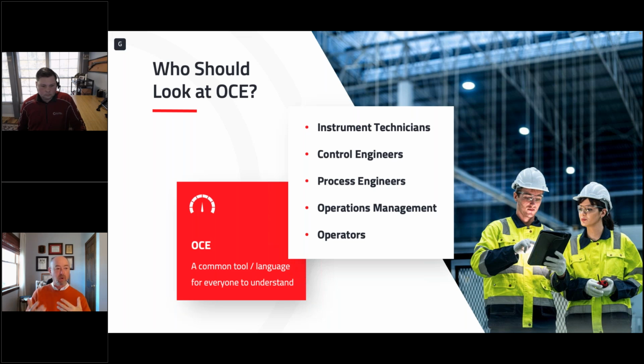Instead of a one-off where you have to tell an operator, hey, you should be putting this loop back into automatic, we can talk about it from the higher level of looking at the OCEs for the overall operation, and have them understand that this helps drive the overall performance of the plant.